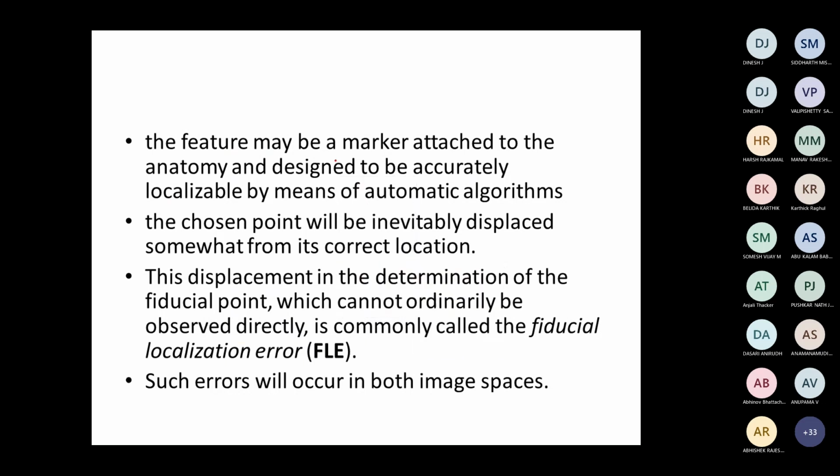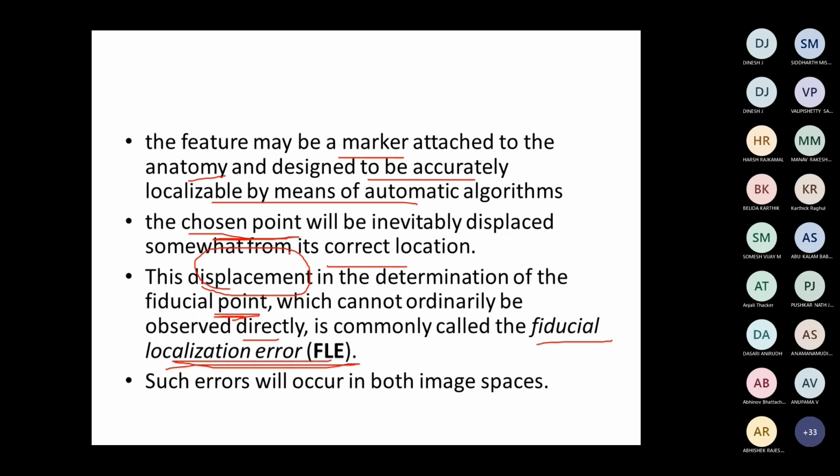The feature may be a marker which is attached to the anatomy, and it will be accurately localizable by means of an automatic algorithm. And then the chosen point will be displaced somewhat from its correct location. Whatever the displacement is, this displacement in the determination of a fiducial point, which cannot ordinarily be observed directly, is commonly called the fiducial localization error.